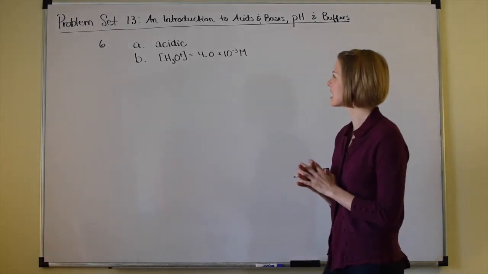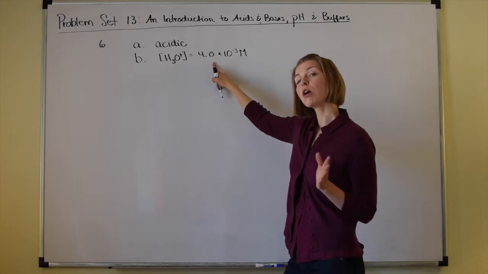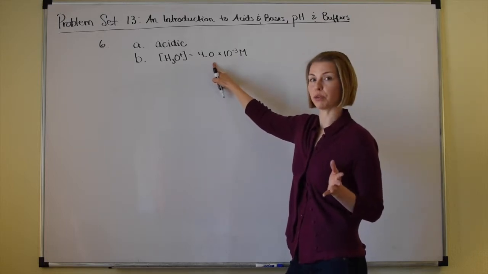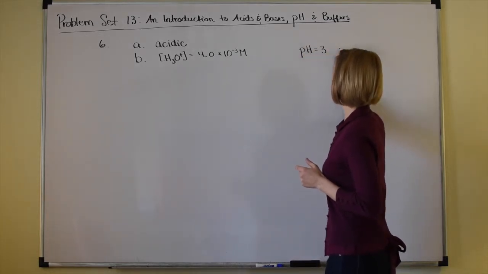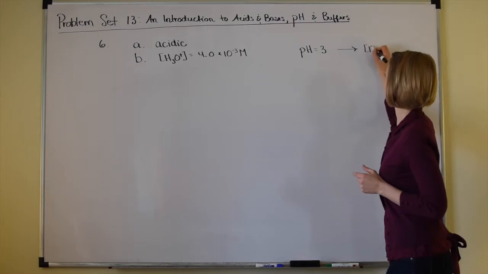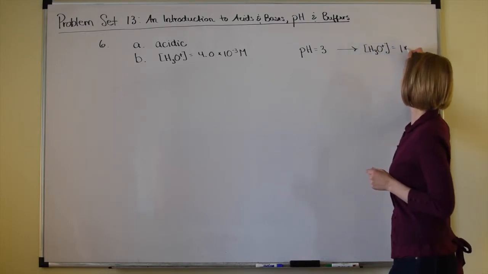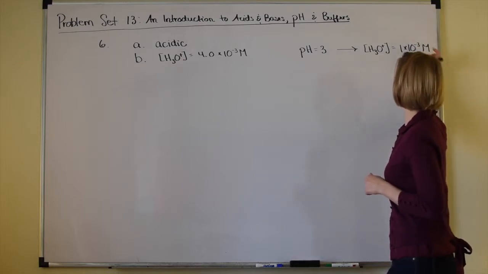Okay, so we can see that the hydronium ion concentration is close to that of a solution with a pH of 3, because with a pH equal to 3, we're going to have a hydronium ion concentration of 1 times 10 to the negative 3 molar.